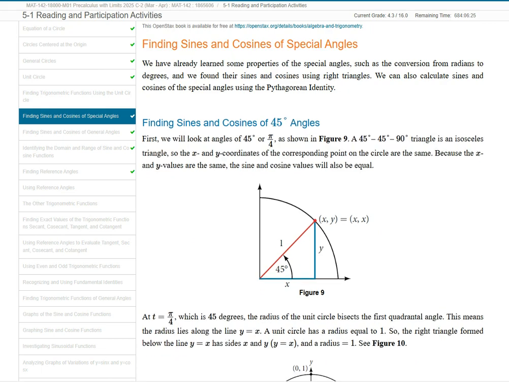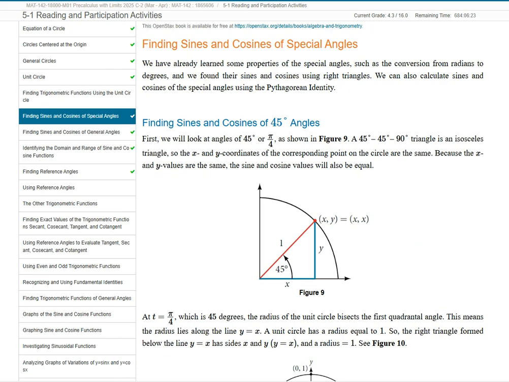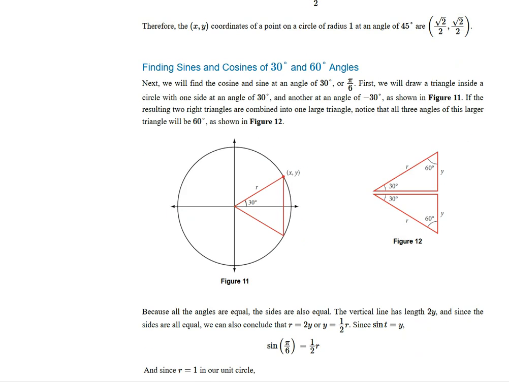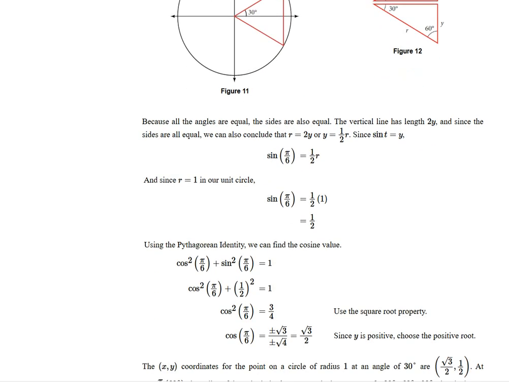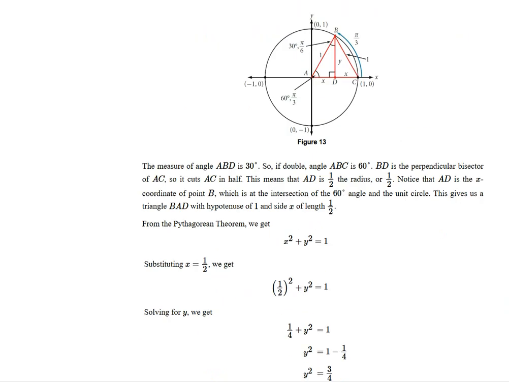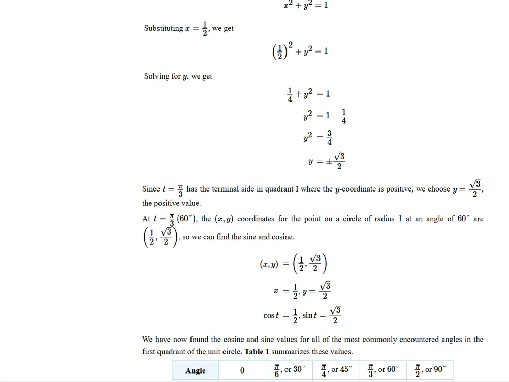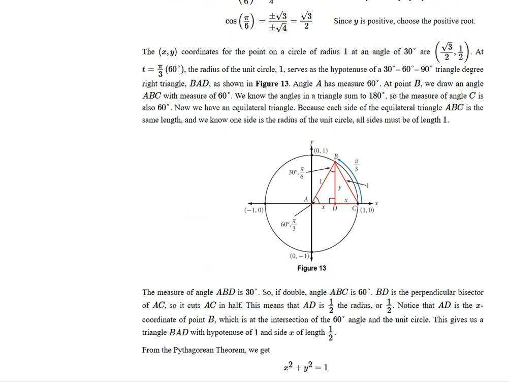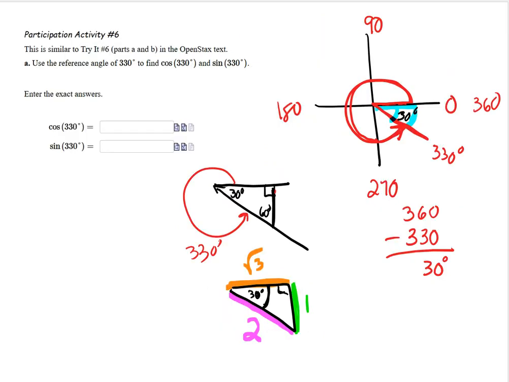There it is. They went over 45-degree angles, and then the 30-60-degree triangle. And where is the special little triangle? Oh, here's the table. Okay, that's the table. I've always found that difficult. Where is their triangle? Okay, well, I'm going off my own memory here.